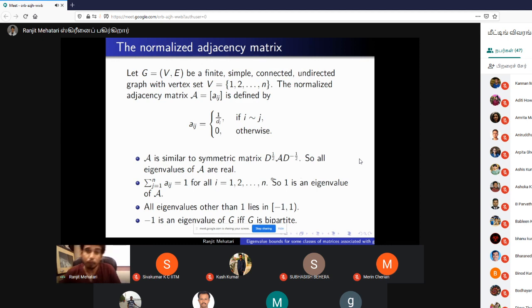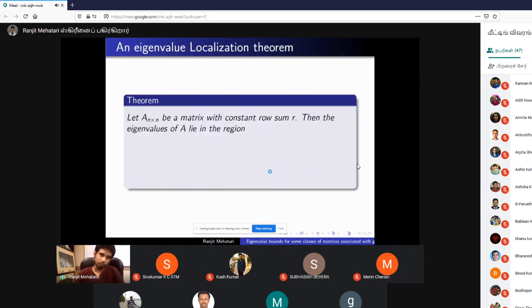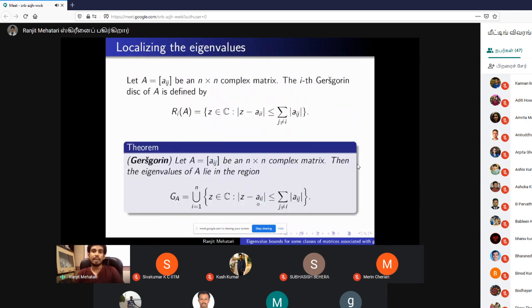Now, note one thing here. For this matrix, all the diagonal entries of the normalized adjacency matrix are 0, and obviously the row sum equals 1. That means if we apply the Gershgorin theorem directly to the normalized adjacency matrix, that will give you the complete unit disk.